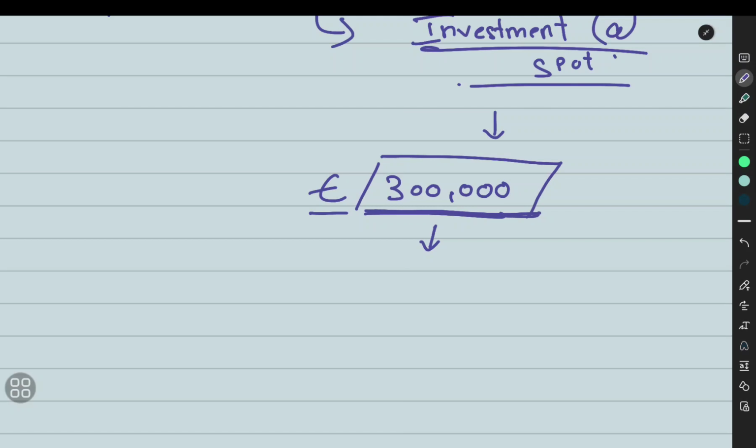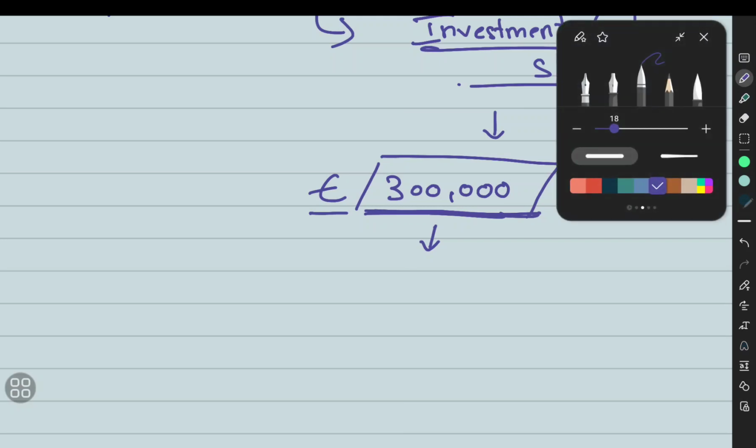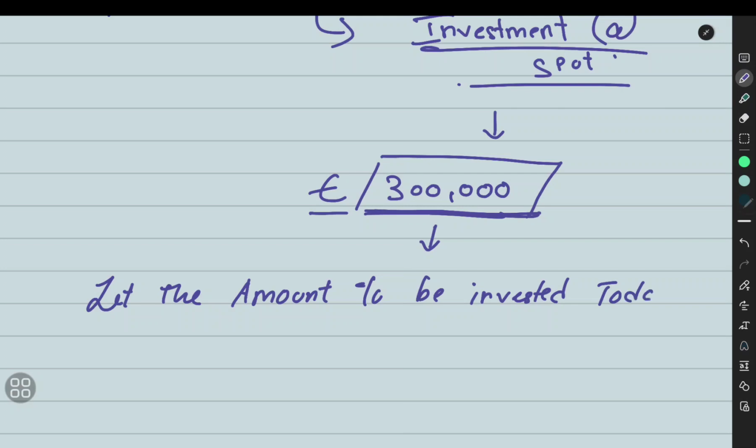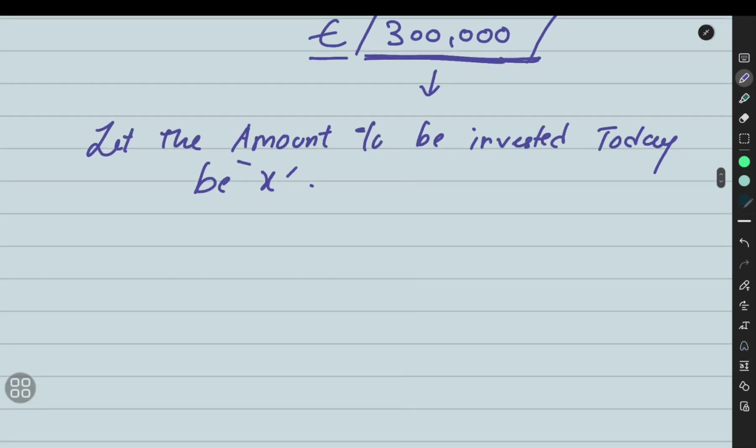But how much should I invest? So I also don't know. So I say let's let that amount be X. So let's see the solution, how you write that. Okay, let the amount to be invested today be X, because I don't really know how much. How will I know? I will have to know, right?